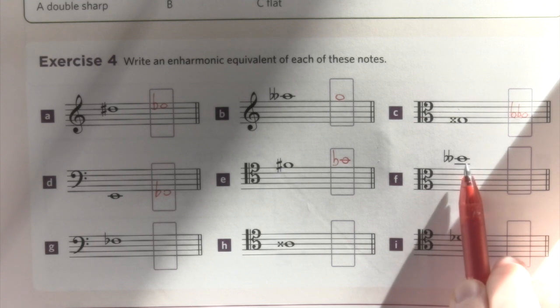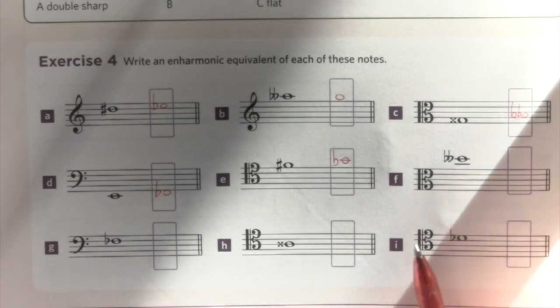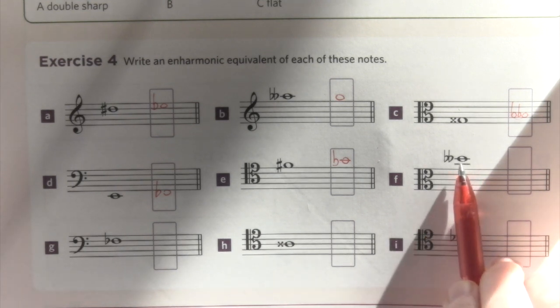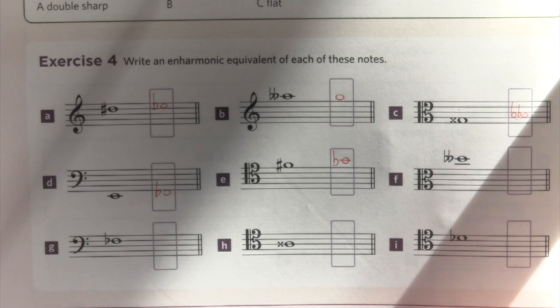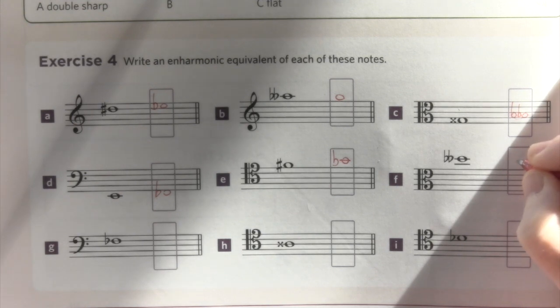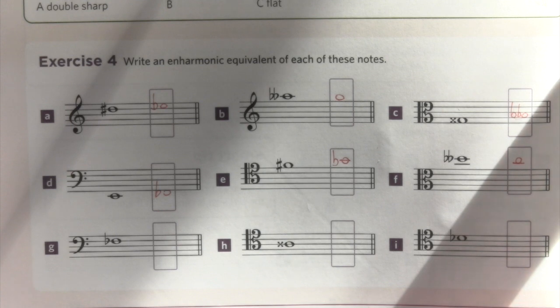Now this one here would be Do double flat in the treble clef plus 1 because it's alto clef, that is Re double flat. Re double flat is actually C, Do. So we go just one below and this is it.